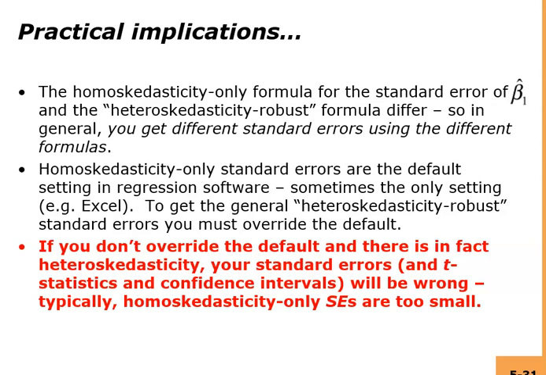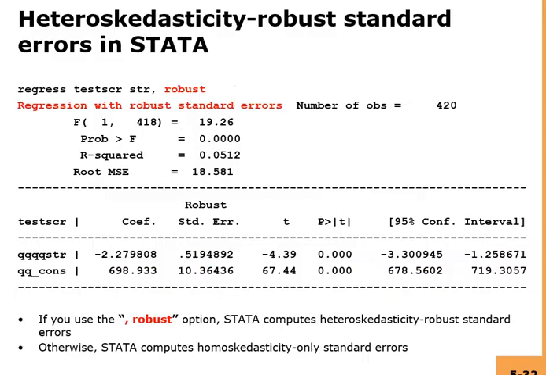If you don't do that, the standard errors calculated will be wrong, and the significance level of the coefficients will also be wrong. This is the example of using comma robust at the end of the regression command, and when you do that, you get robust standard errors, which are controlled for heteroskedasticity. So this is always the better option.